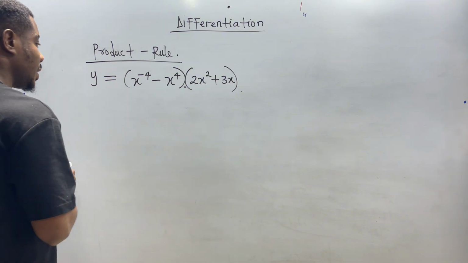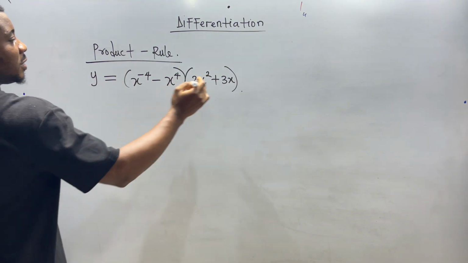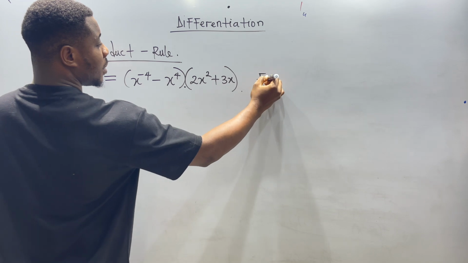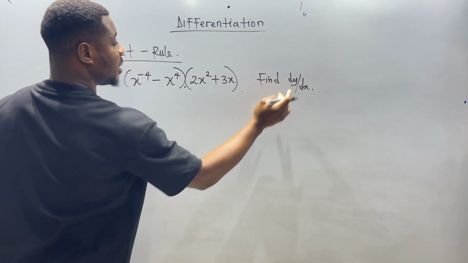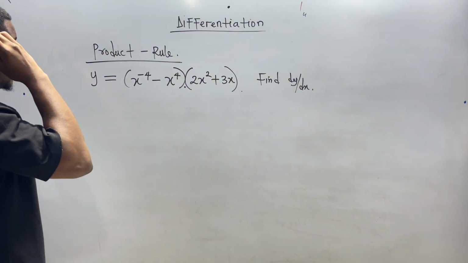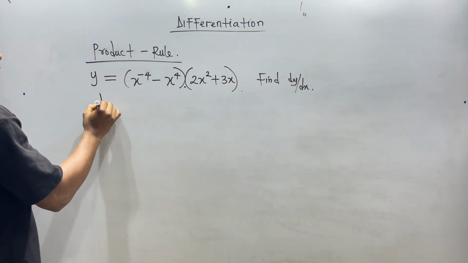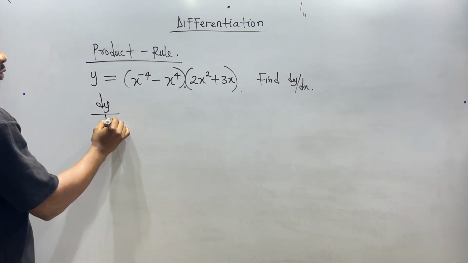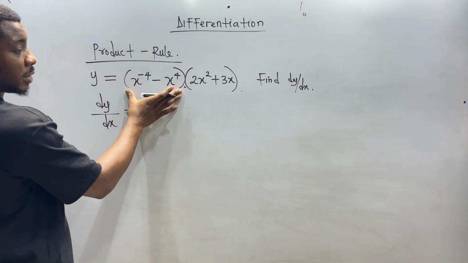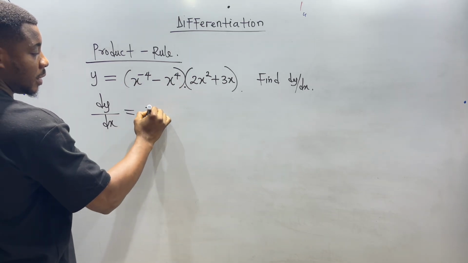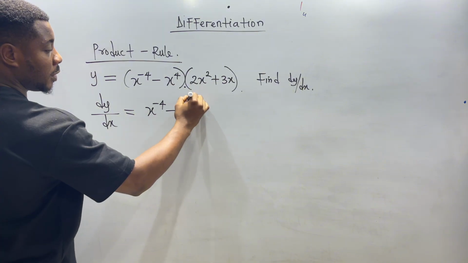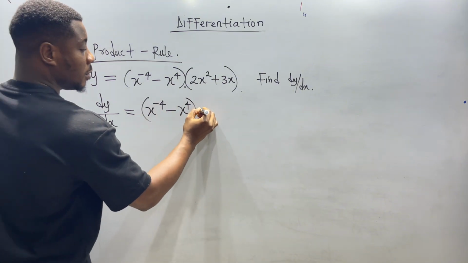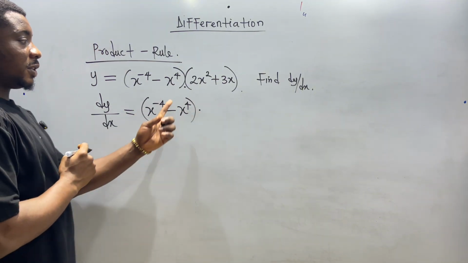But let's go with the rule. The question asks us to find the derivative. So what does the derivative become applying the product rule? We keep this guy, x to the power of negative 4 minus x to the power of 4, and we differentiate what we have here.